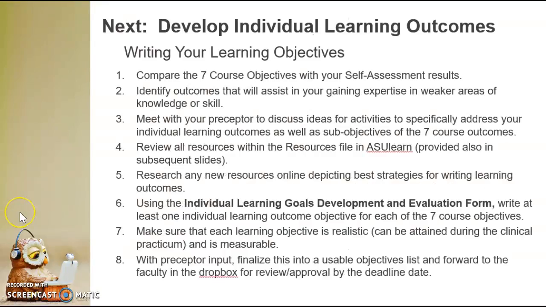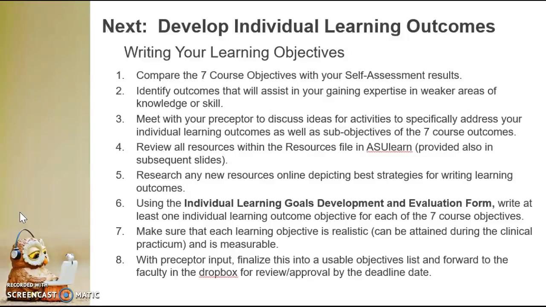So then you're going to write your learning objectives. Identify outcomes that are going to assist you in gaining expertise in the weaker areas of knowledge or skill. Meet with your preceptor, discuss the ideas that you're having, and talk about what your deficits might be and what the course outcomes are.